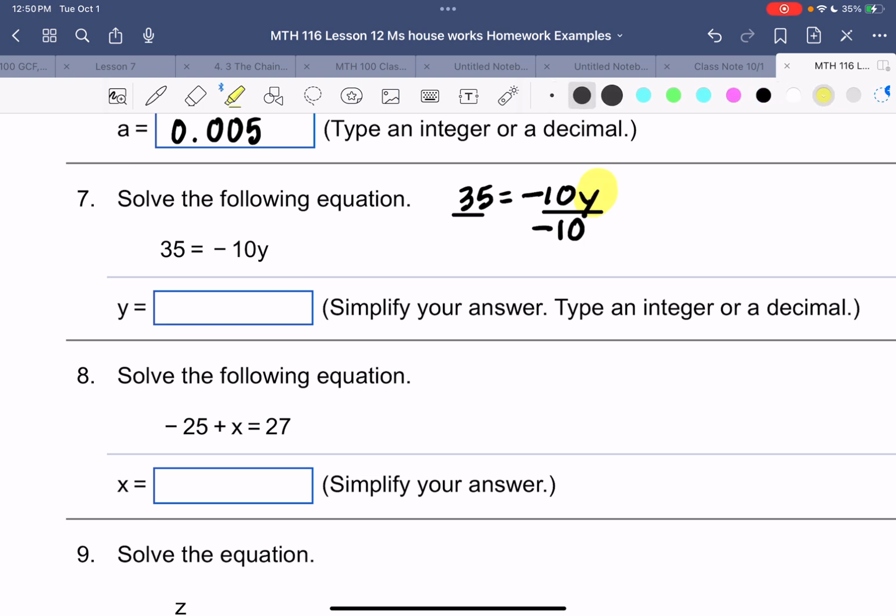Now, I have to divide by negative 10 because I want a negative divided by a negative to give me a positive 1. And let's see, an integer or a decimal. So I'm just going to do this on my calculator. 35 divided by negative 10 is negative 3.5. Negative 3.5 equals 1y, which is just y. So negative 3.5.